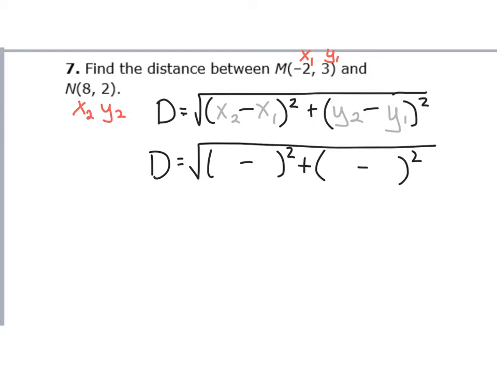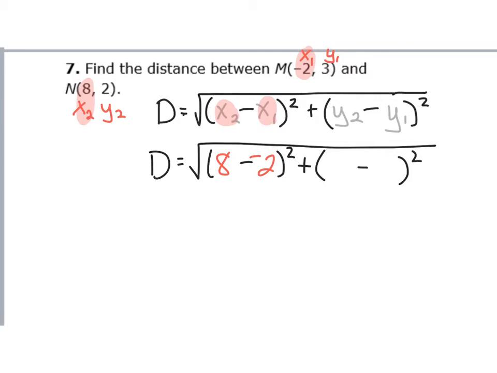Okay, so then I'm going to look at my blanks. This says x2, so when I look at x2, I can see that x2 needs to be replaced with an 8. When I look at x1, x1 needs to be replaced with a negative 2. I know there's already a minus sign there, but you have to write the second negative.